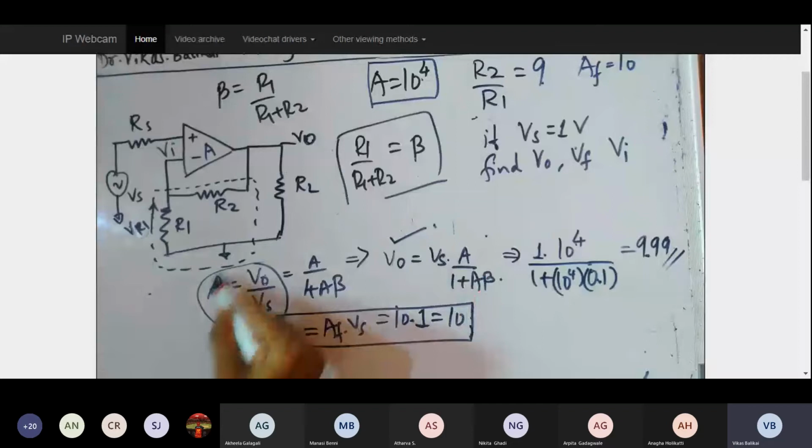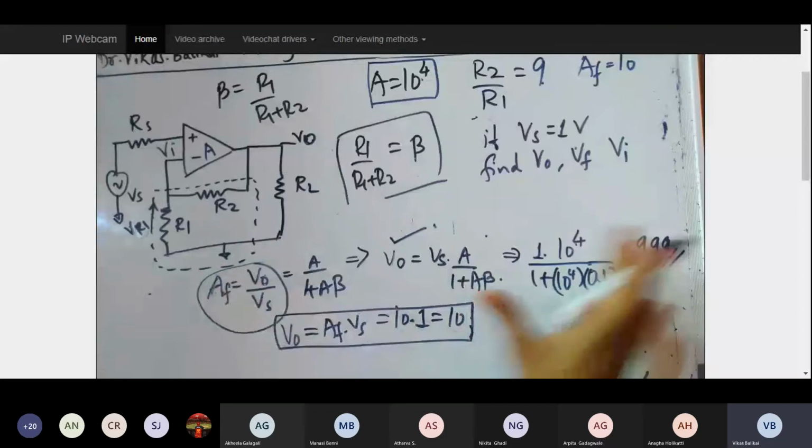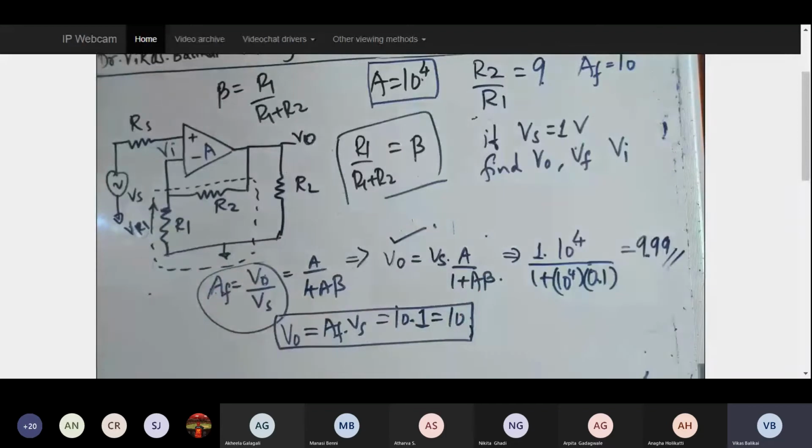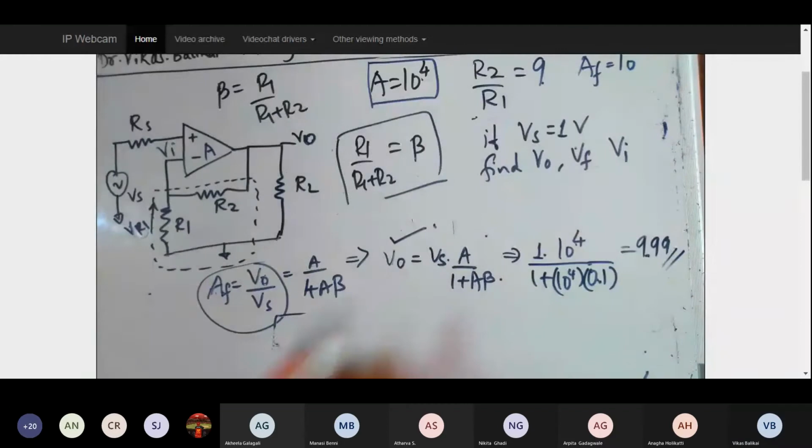You may say, what is the difference between 10 and 9.99? We can use any of them, right? And this seems very easy. Absolutely fine, no issues if I use this. Anyhow, I am getting 10 here and 9.99 volt here, no difference at all. But I'll make it clear why I went this way and not that way. You can do it that way too, but always try to use this one.